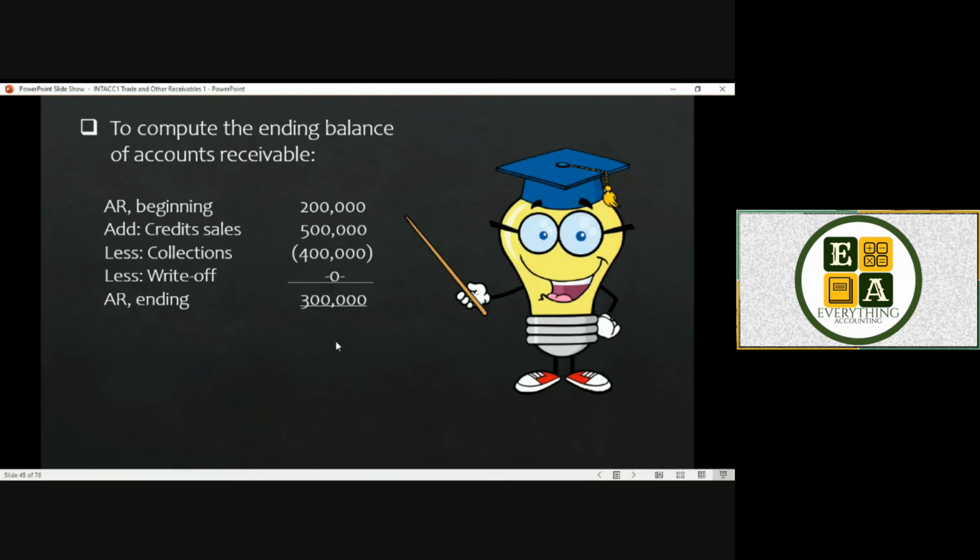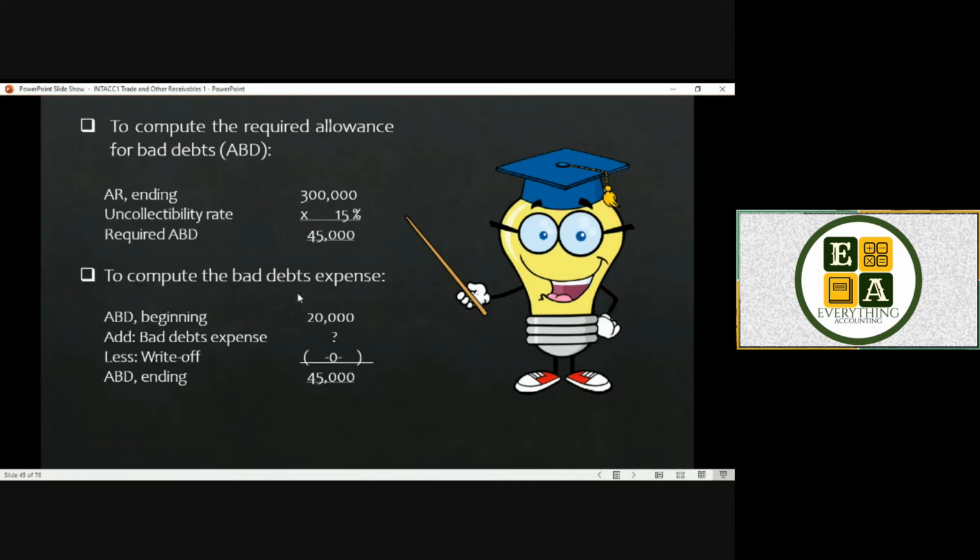Okay, 300,000. So from 300,000, magmo-multiply tayo ng 15% to arrive with the required allowance for ending balance. 45,000. Okay, 45,000. Yan na yung ending balance natin. Yan yung ilalagay natin dito.